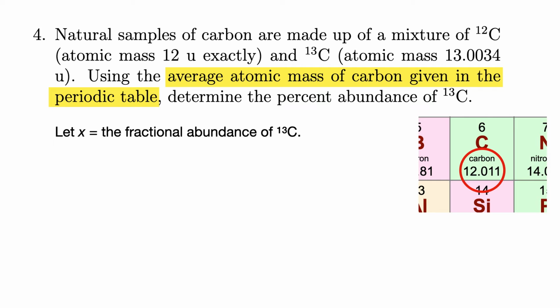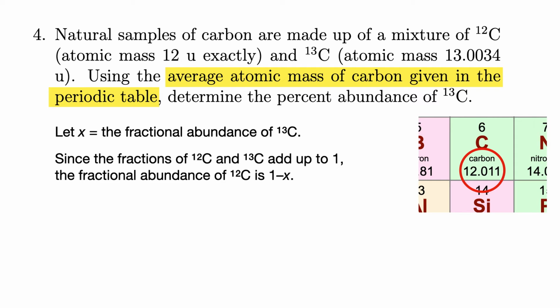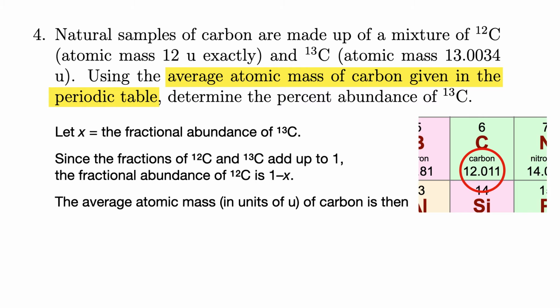And then since the fractions of the two isotopes add up to 1, if the fractional abundance of carbon-13 is X, the fractional abundance of carbon-12 will be 1 minus X. And so then with these expressions for the abundances, the average atomic mass in units of the unified atomic mass unit u for carbon is going to be the contribution from carbon-12 plus the contribution from carbon-13.